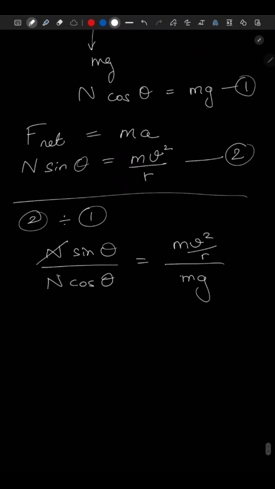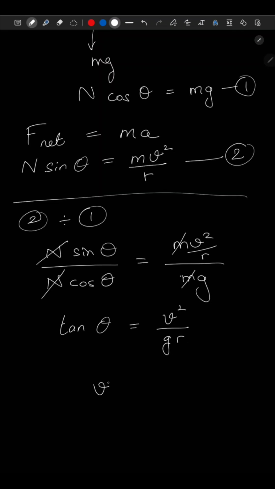Here the normal forces cancel out, and we have sine over cos, which is tan theta. The masses cancel out too, so tan theta equals v squared divided by g r. So now you can calculate the angle theta as tan inverse of v squared divided by g r.